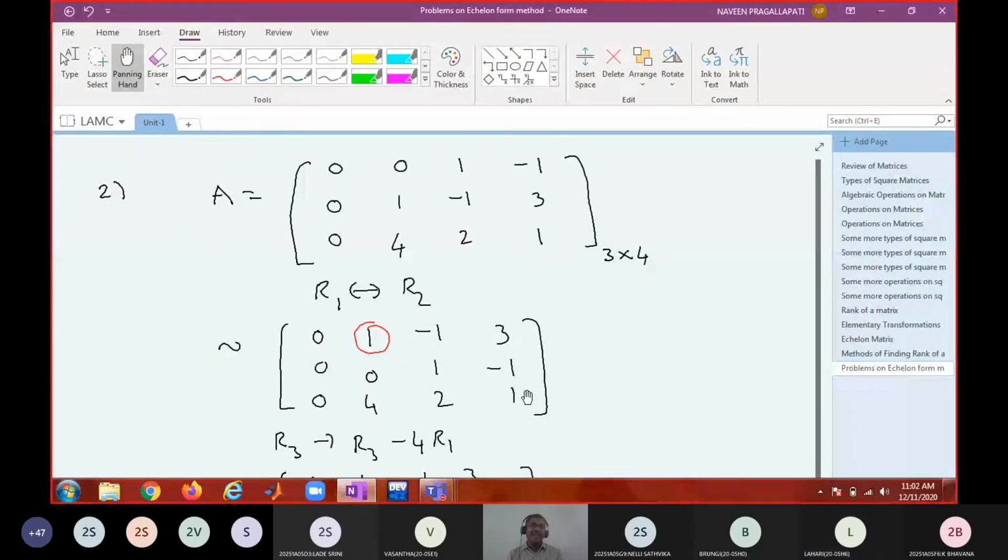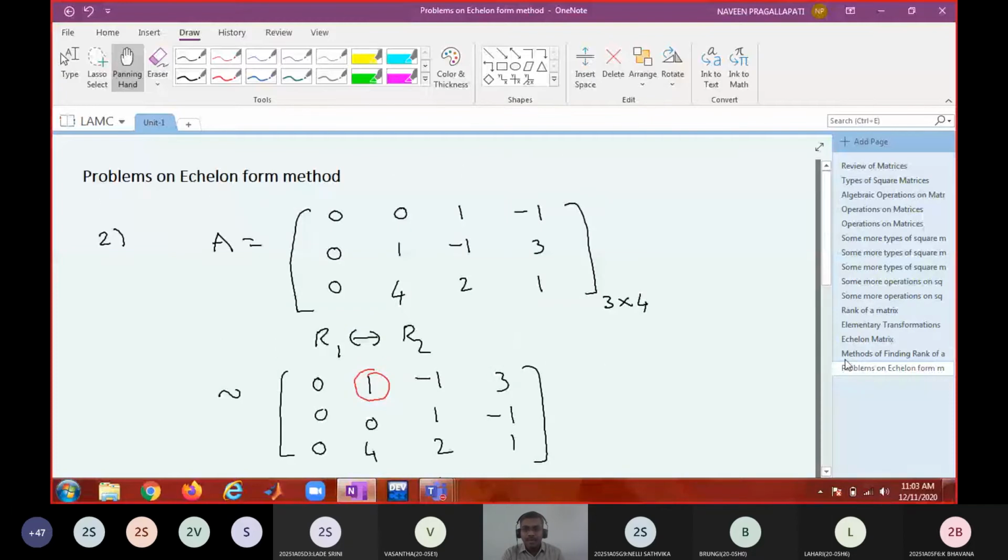You can make a number of permutations and combinations, but the rank is going to be the same. You can verify, but that's unnecessary because you are making the number of steps more by doing all those things. In your leisure time you can do all such trials. You are free to do such experiments. Okay, sir.